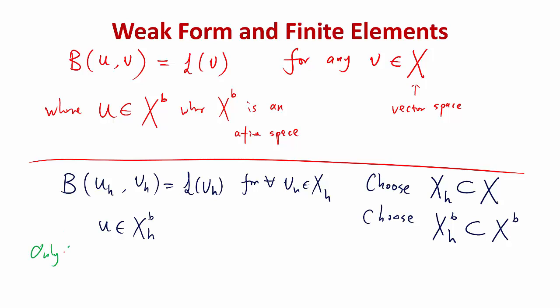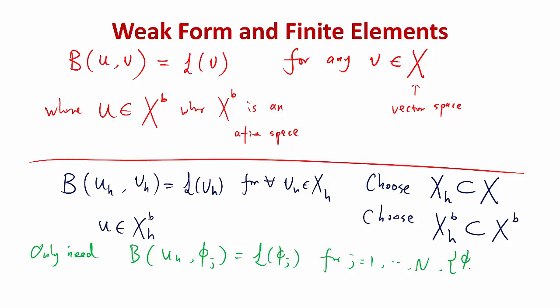So we only need B of u_h with phi_j to be true for j equal to 1 to n, which is the dimension of X_h, and phi_1 to phi_n is a basis of X_h. Alright.